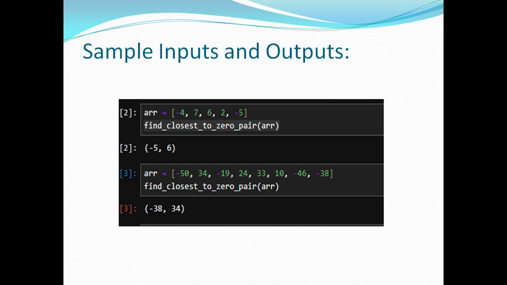If the input is -50, 34, -19, 24, 33, 10, -46 and -38, then the answer is -38, 34. As expected, it returns the correct pair with the sum closest to 0.